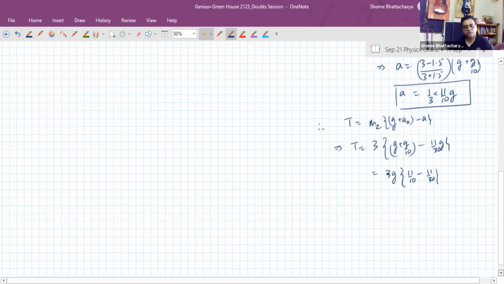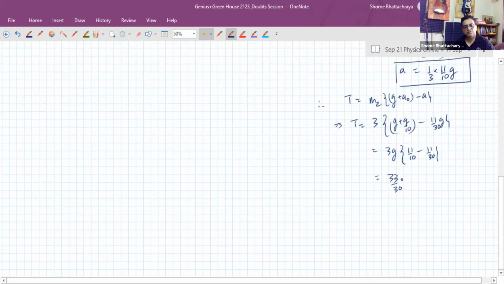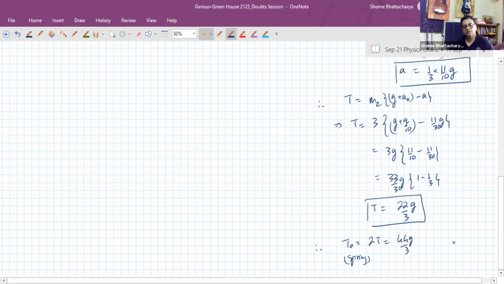Further we can write this as 33 by 30 into 1 minus 1 by 3. This becomes 22 G by 3. This is the tension T. So therefore the tension in the spring will be equal to 2T, which will be 44 G by 3. Therefore the reading of the spring balance will be equal to 44 by 3.